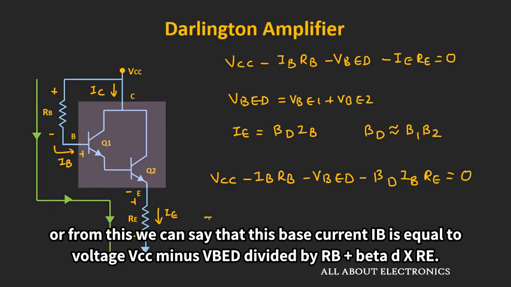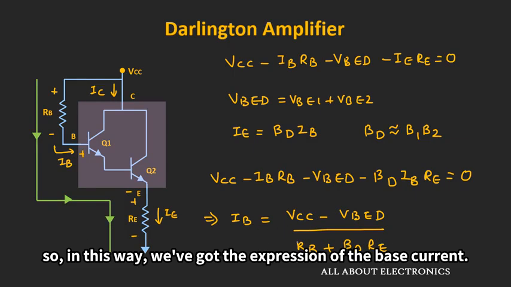Or from this we can say that the base current IB is equal to VCC minus VBED divided by RB plus beta D times RE. So in this way we got the expression of the base current.